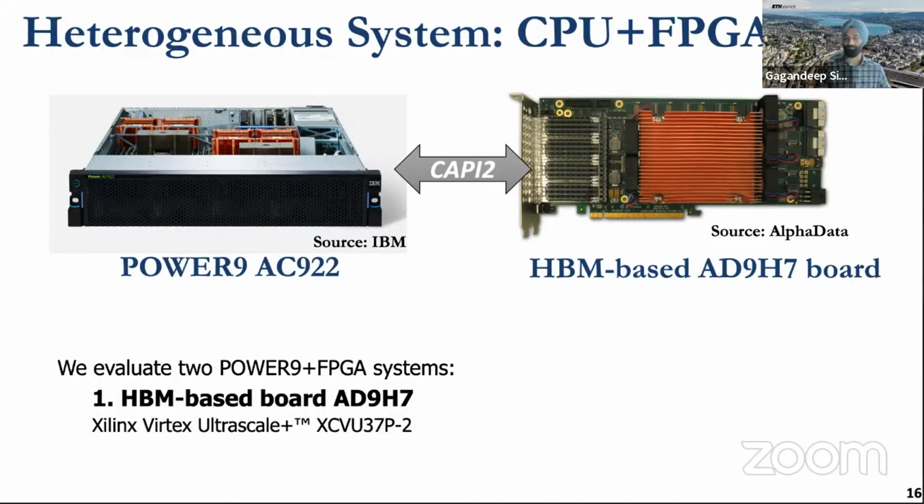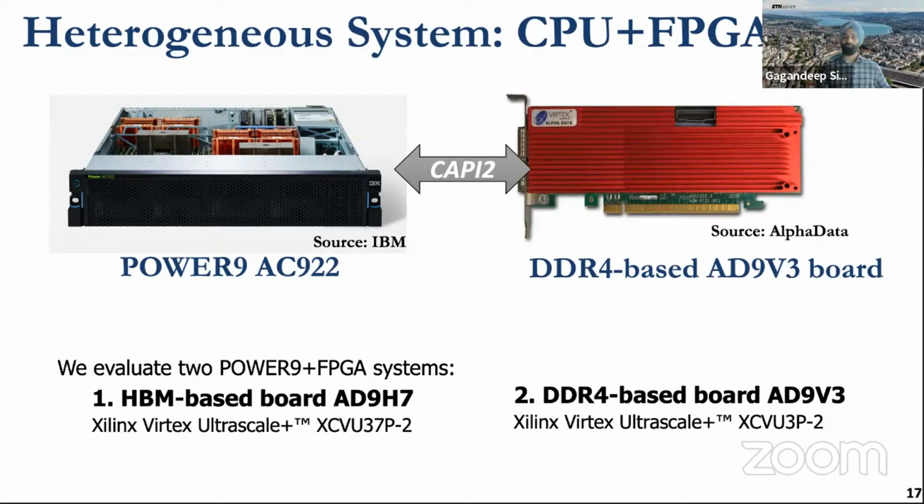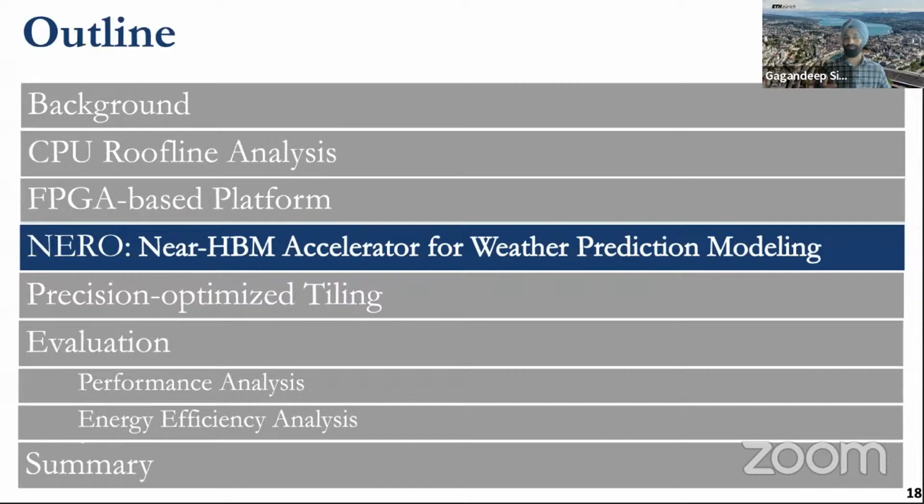The second one was the Alpha Data 9V3 board with DDR4 memory. So we tried to have this design space of different DRAM memories so that we can compare the benefits of HBM and how you can exploit those compared to a traditional DDR4 memory. Now I'll present our key contribution, which is NERO.